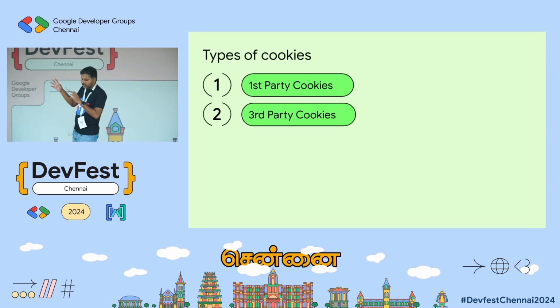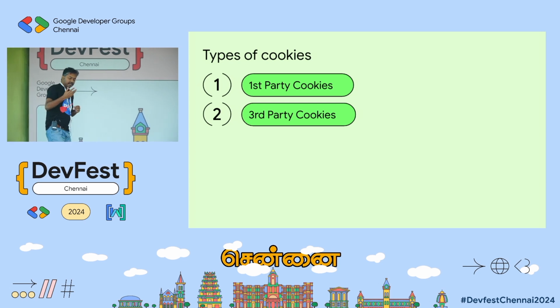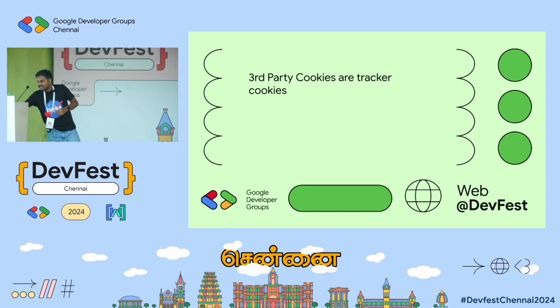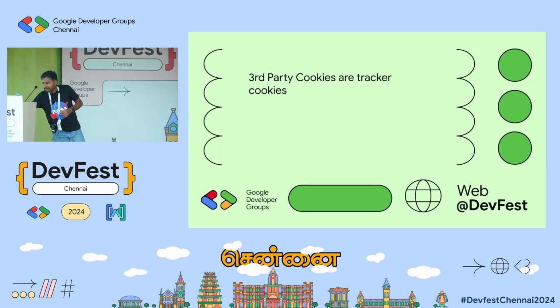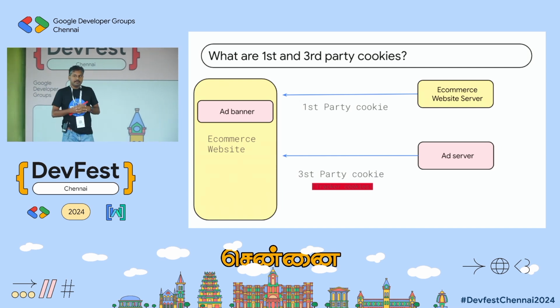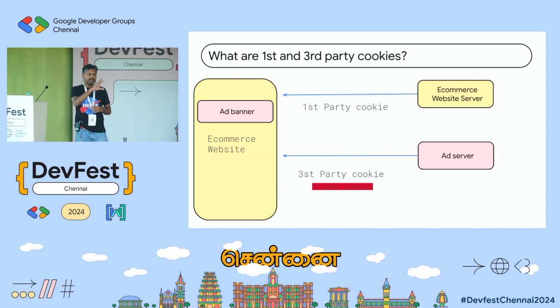This classification is based on the following. Let's say there is a server. Third party cookies are also known as tracker cookies. I will tell you why. Let's say you visit an e-commerce website, and the e-commerce website also hosts an ad banner. Ad banners are very popular, right?